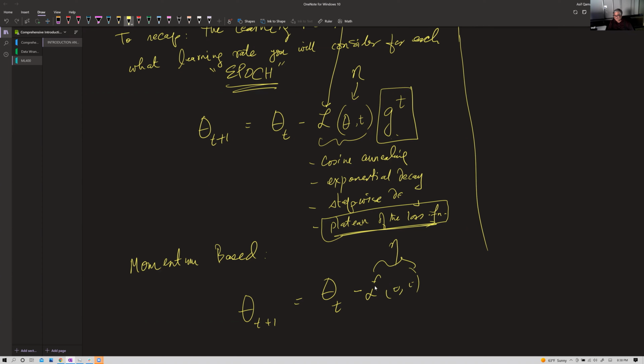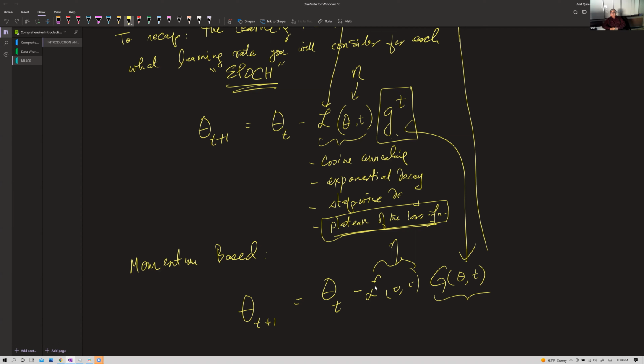And this becomes some function of theta and t, the current value and t. So we have replaced the gradient with a much more sophisticated version of the gradient. We won't literally use the gradient, but we'll use some function of the gradient.